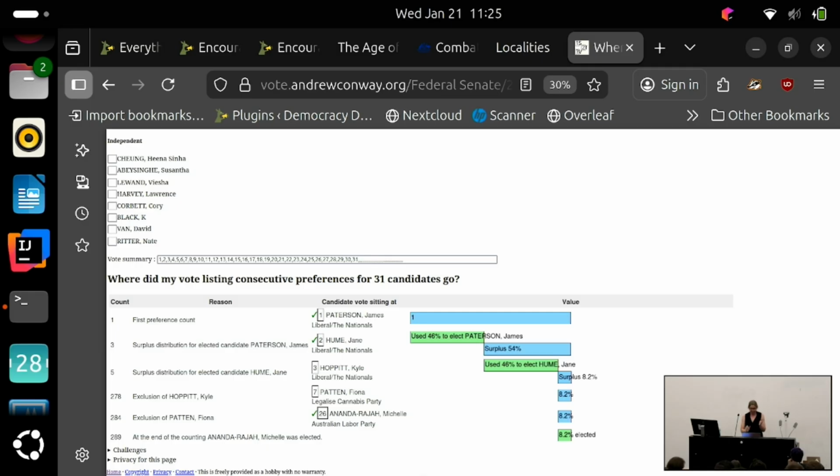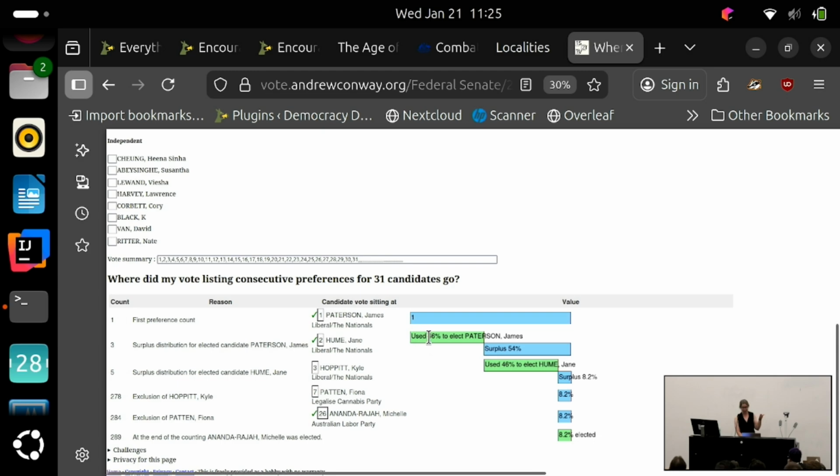So the donkey vote just happened to put a first, second, third, fourth, fifth, sixth preference at a major party. That major party got more than 2 quotas. So the first 2 things that happen are the first person on that major party ticket gets elected, and then my vote gets redistributed with approximately half transfer value.